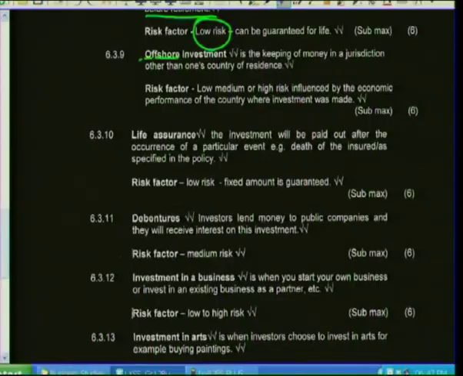Offshore investments. This means when you are investing your money outside of the country, into a foreign country, a different country. So we need to be careful of this because it can be high risk. It can be a bit of a dangerous situation because we don't always know what's happening in those countries. What if their economy crashes?